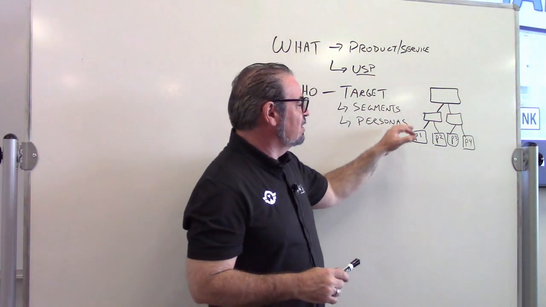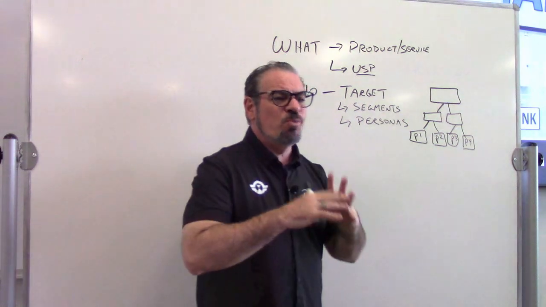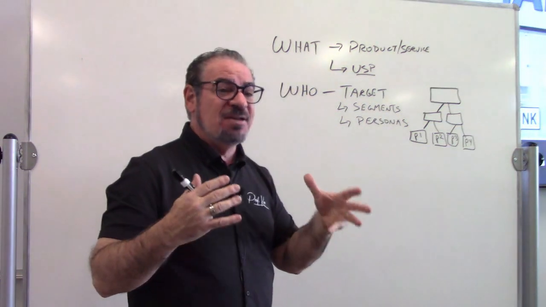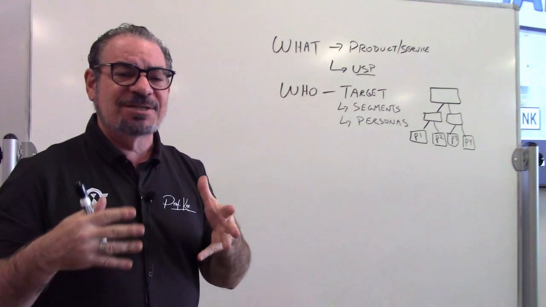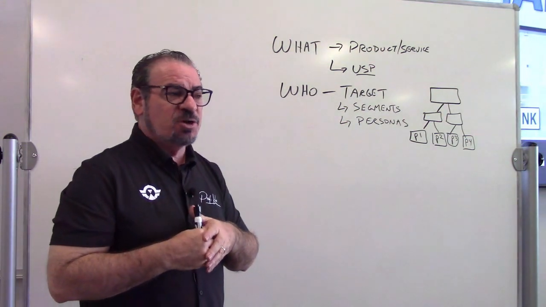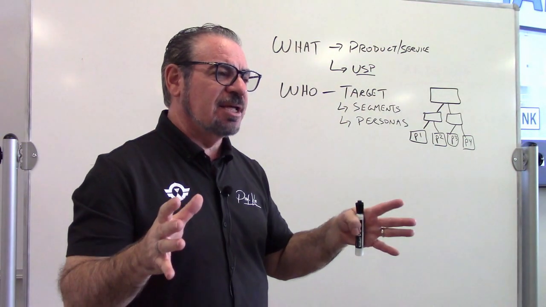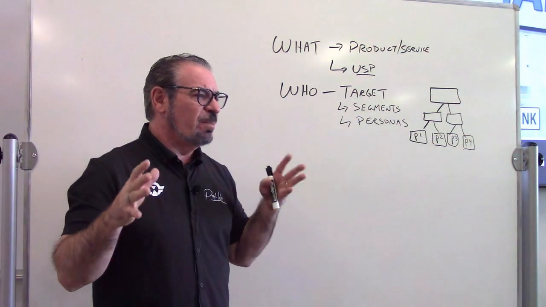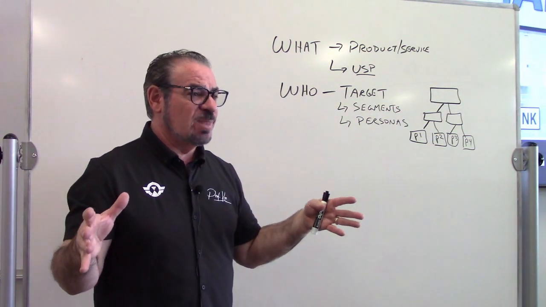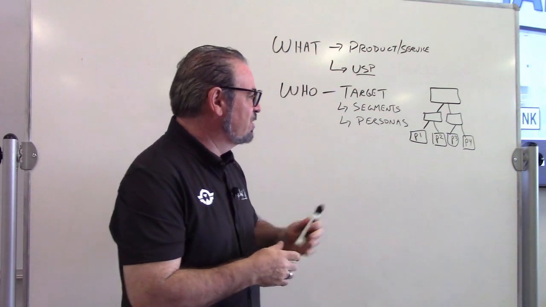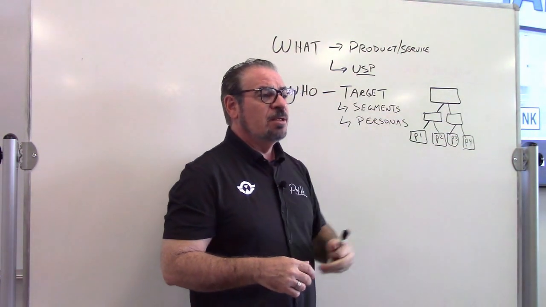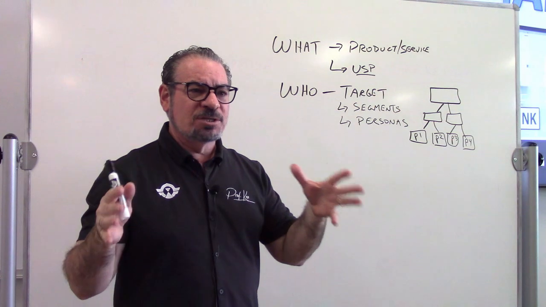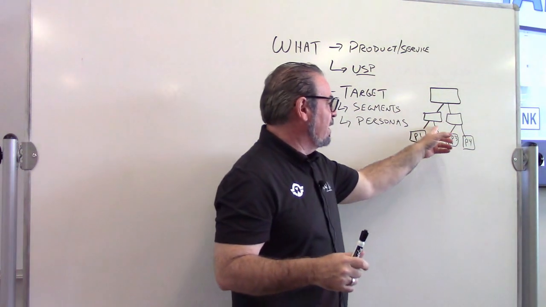So personas are a group of individuals that will act and behave the same way, that will like your product the same way. So for example, in this class, we have a group of individuals that want to learn about digital marketing. Okay, that would be sort of up here, right? Then I break it down. I have a group of individuals that want to learn about digital marketing, male and female.